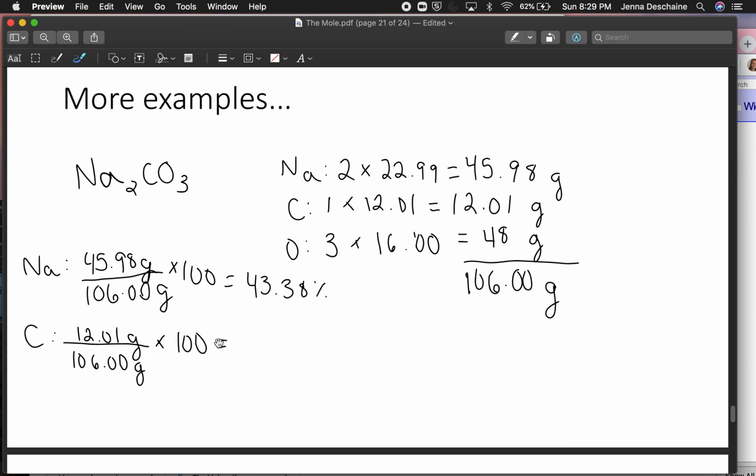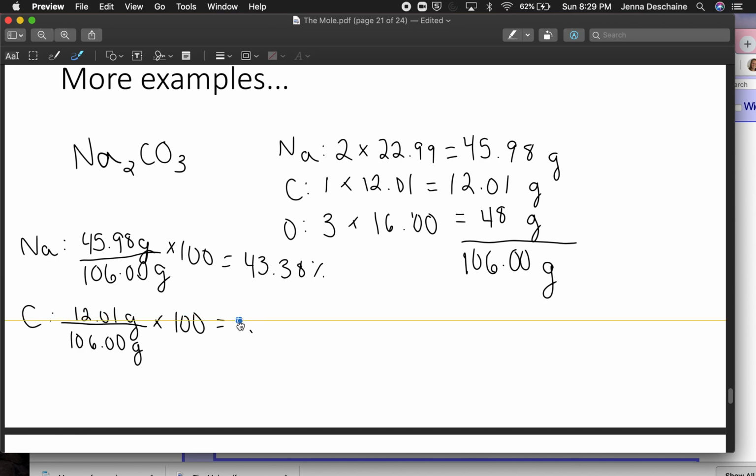Okay, when I do that, 12.01 divided by 106 times 100, I get 11.33%.